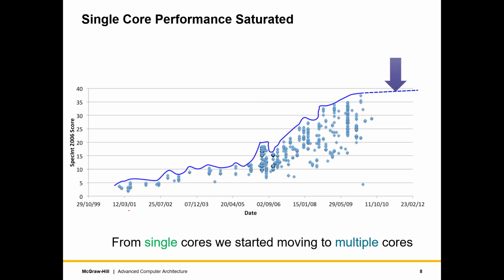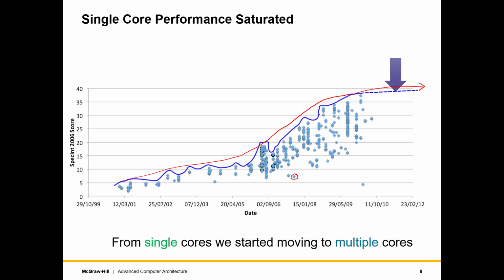We start with a clock from 2001 and go right up till 2012, where each point represents one processor released in this time frame, and the y-axis is the SPEC INT score. The performance gradually climbs up, until you see a degree of saturation. After 2012, the performance has roughly saturated for a single core.